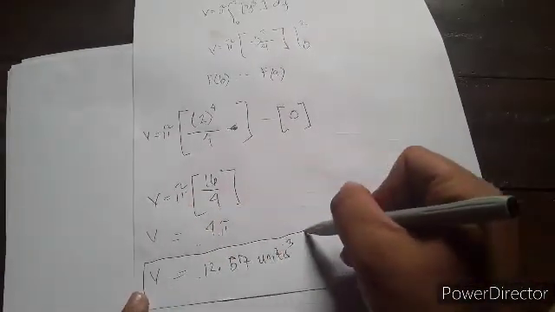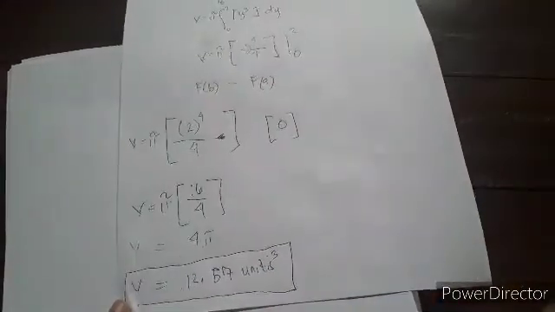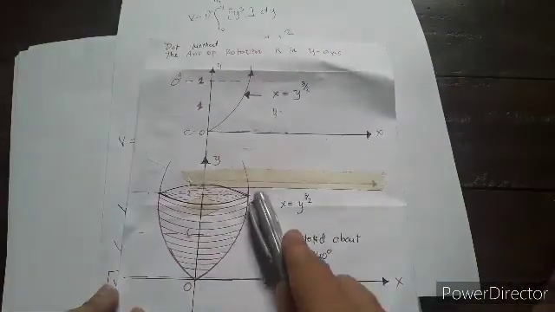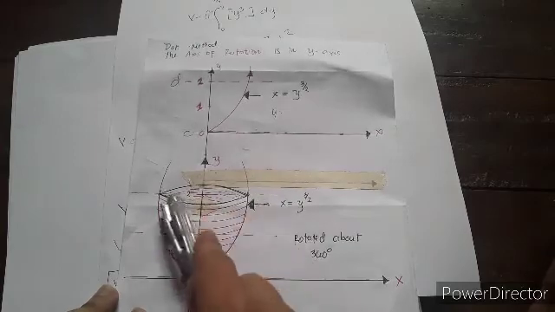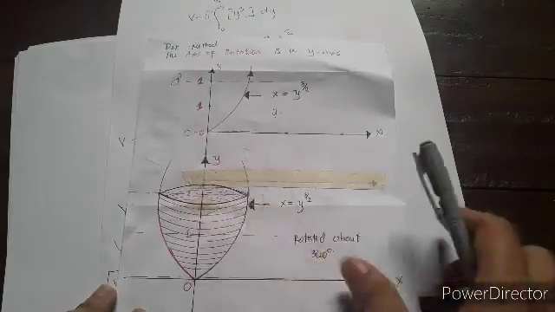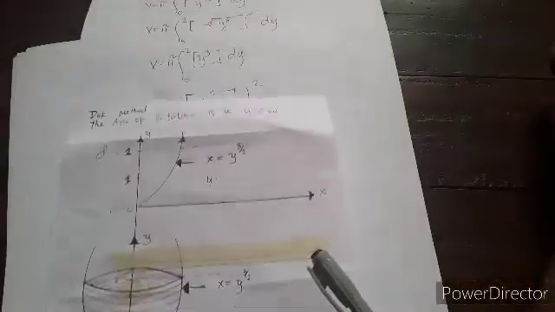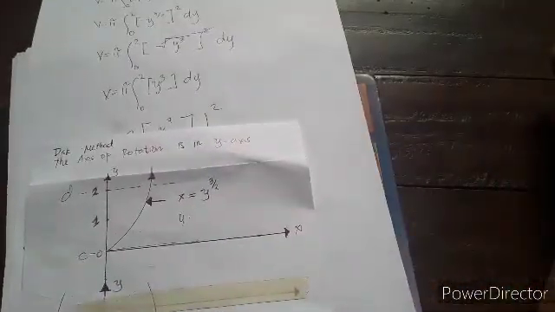So this would be the volume of our figure that rotates along the y-axis. The volume now is 12.57 units cubed.